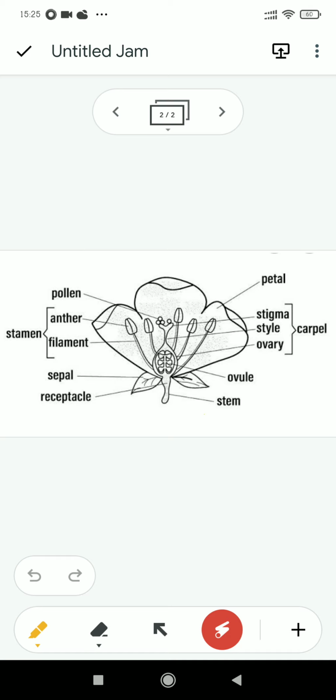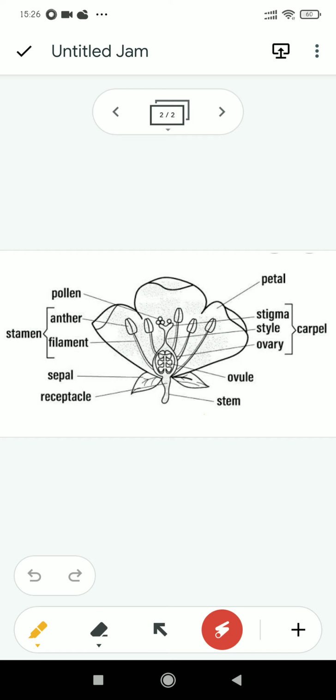Chemotropism is a growth movement of a plant, and this helps the pollen tube to connect the pollen grain to the ovary.